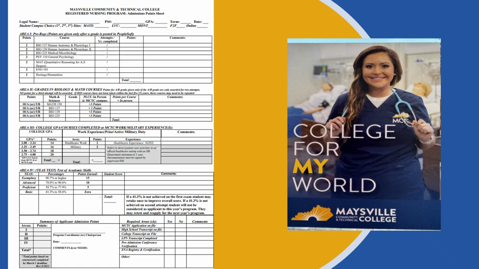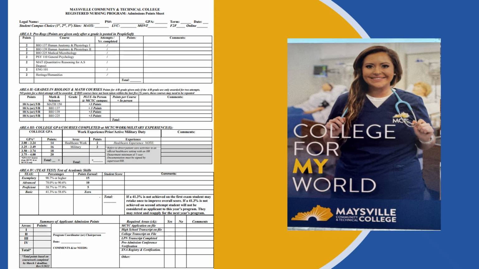When we get an application, we go over each student's PeopleSoft information to get their grades, to see how they've done, and that lets us find this information out. You can use this sheet to figure out your own points, so you could get an idea of where you stand as well. So in Area 1, that's points given for prerequisites.